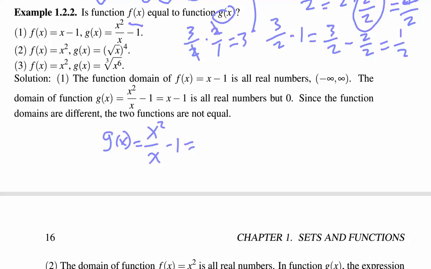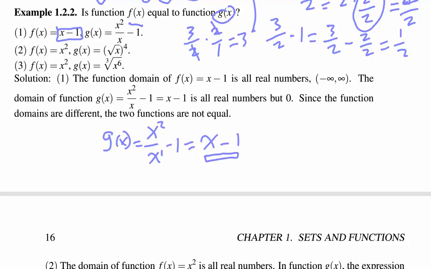That's x. You may cancel 1 x upstairs and downstairs, because here is 1. It looks like those two quantities or expressions are the same. So it looks like they are equal.